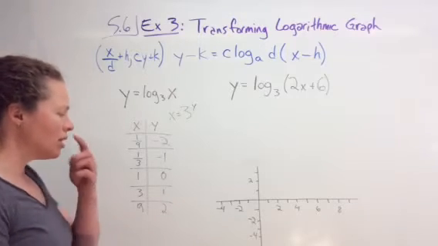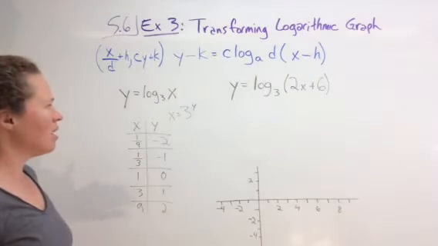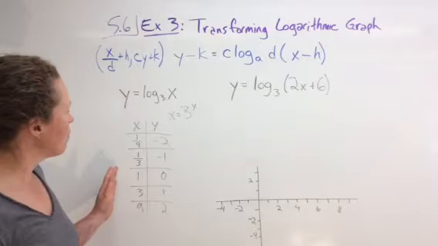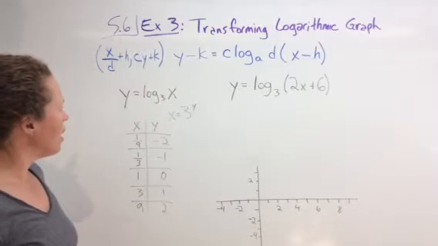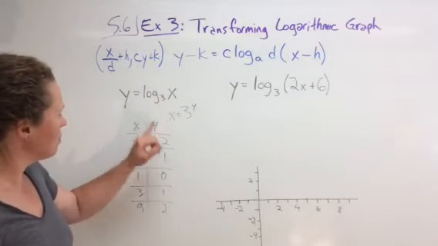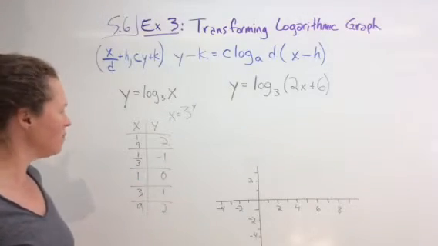Okay, so there's a little bit of leeway in how you set up your table of values. I prefer the nice tidy way of actually just using math to do it. So now I've got my x's and my y's, so that 3 to the power of -2 equals 1 over 9.